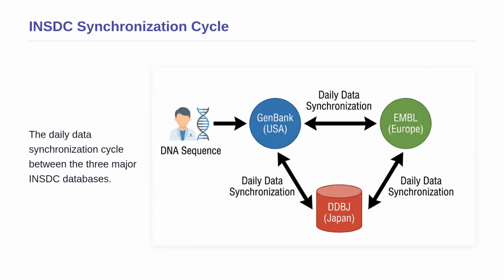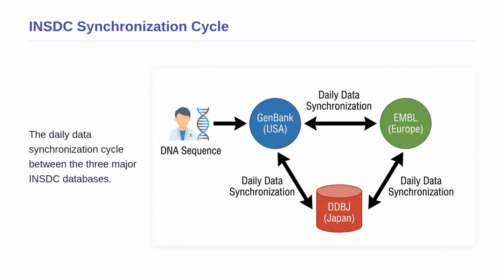Building on this collaboration, let us examine how these three databases actually interact. On the screen, you can see a schematic diagram of the INSDC data synchronization cycle. Notice the three main nodes: GenBank in the USA, EMBL in Europe, and DDBJ in Japan.